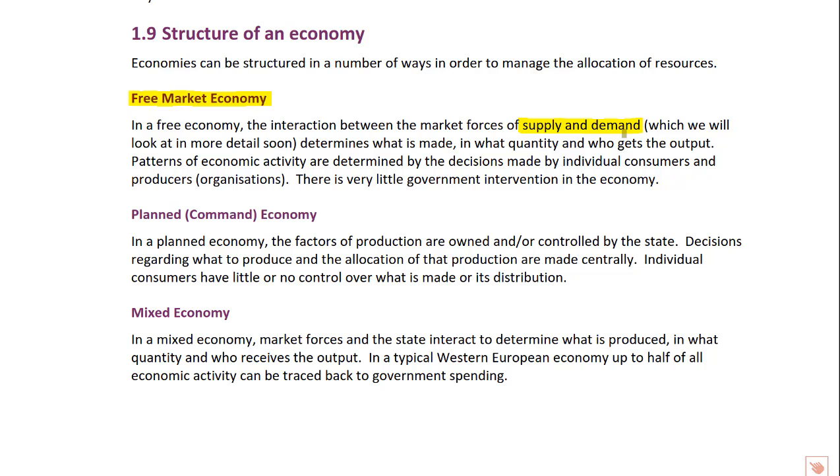Now, the only issue with that, because there's very little government intervention in that type of economy, what would theoretically happen is if there are certain goods or services that organizations wouldn't produce because people aren't prepared to pay for it, then those goods or services wouldn't get provided.